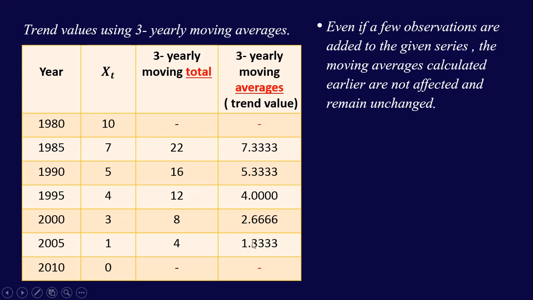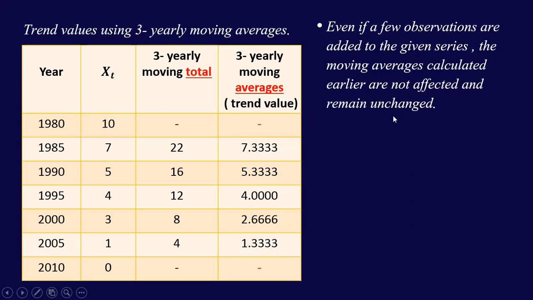So it is an advantage of moving averages that if a few observations are added to the given series, the moving averages calculated earlier are not affected and remain unchanged.